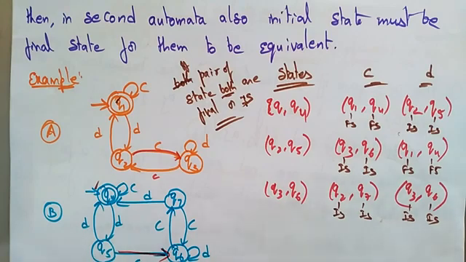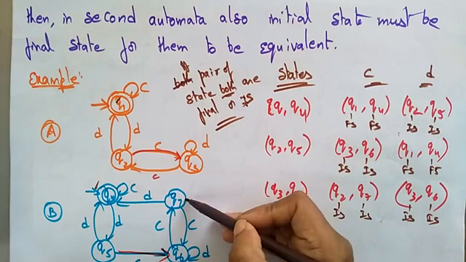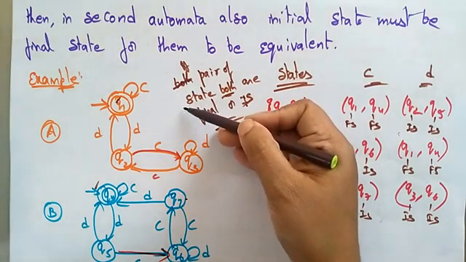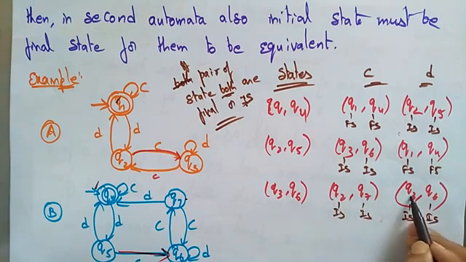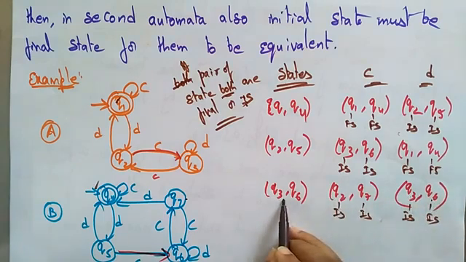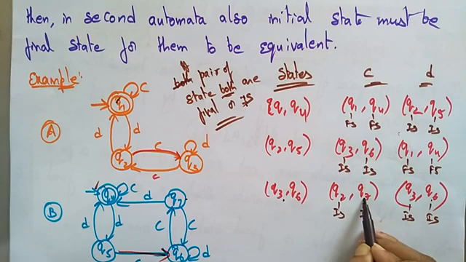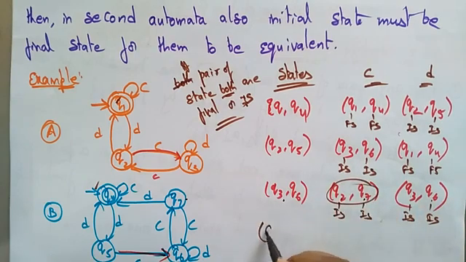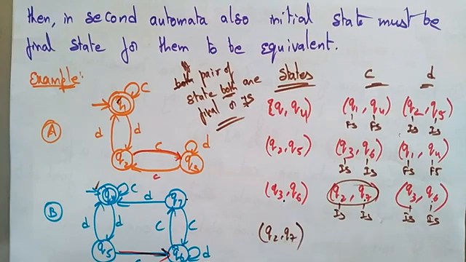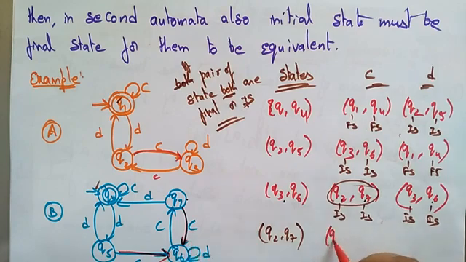Next, what state do I need to consider? The remaining one is Q7, but no more states are there. Q3, Q6 is already formed, so Q2, Q7 is the remaining one, which doesn't form any new state. So let's take Q2 and Q7 this time.